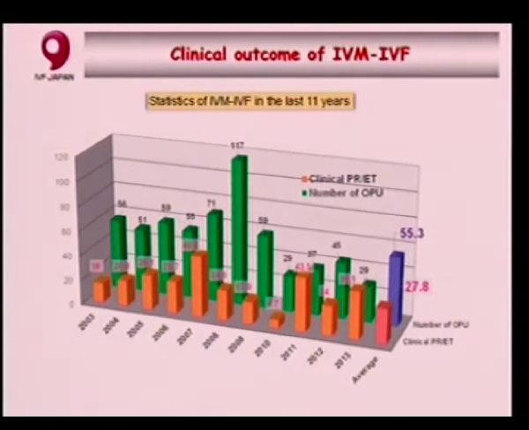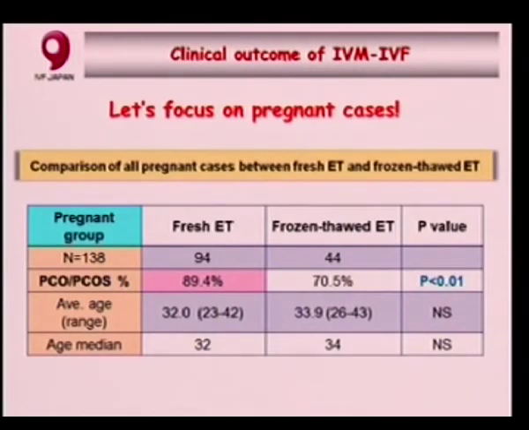This is the 11-year record. When I focused on the pregnant cases, there were 94 fresh cycles and 44 frozen cycles, with more PCO in the fresh cycles. The average age and the median age are no different.